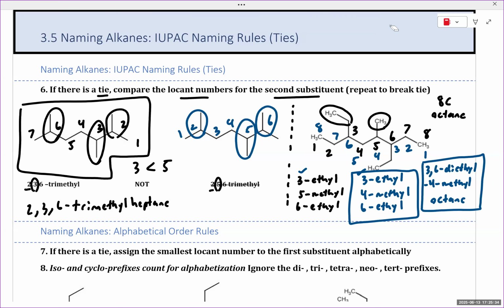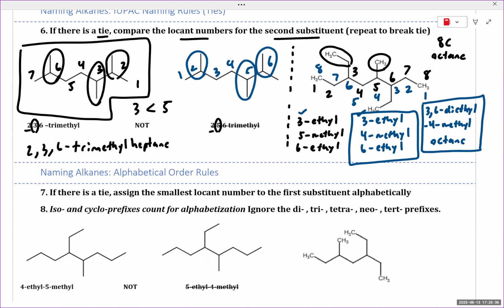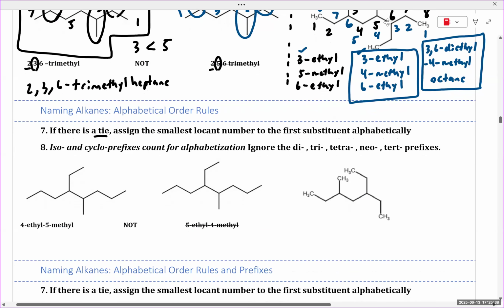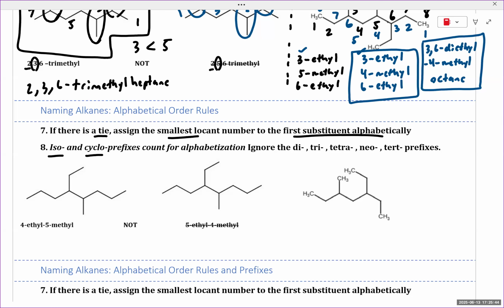One other way to break a tie is if there's a tie, you're going to assign the smallest locant number to the first substituent alphabetically. Iso and cyclo prefixes count for alphabetization. Ignore di, tri, tetra, neo, and tert prefixes. The only prefixes that are considered for alphabetization are iso and cyclo prefixes.